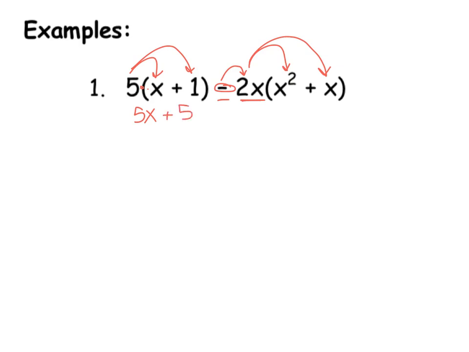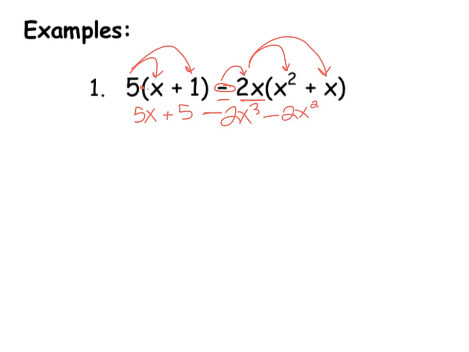Now I am distributing, thinking of this as a negative 2x, and we are multiplying it by x squared. So I have minus 2x times x squared is minus 2x cubed. And then I have minus 2x times x is going to be minus 2x squared.